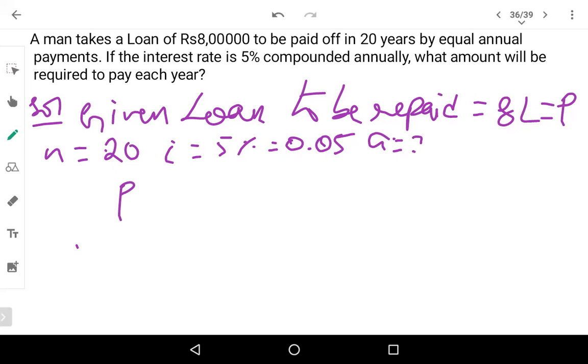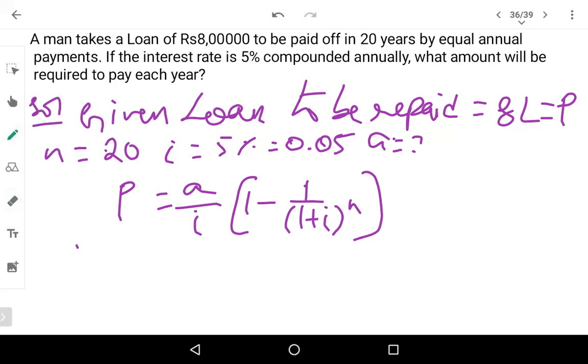So P is equal to A by I into 1 minus 1 divided by (1 plus I) to the power n. Okay, let me rewrite this a little. 1 minus 1 by (1 plus I) to the power n.